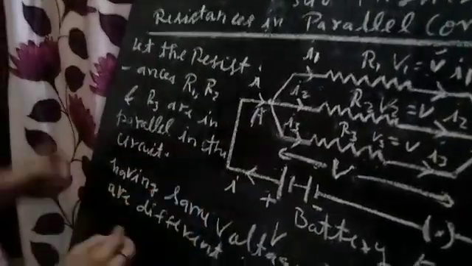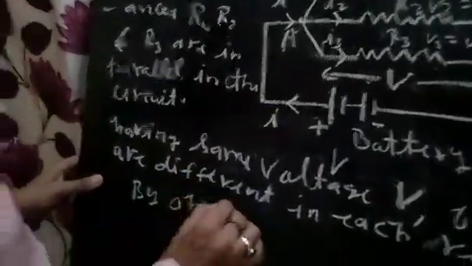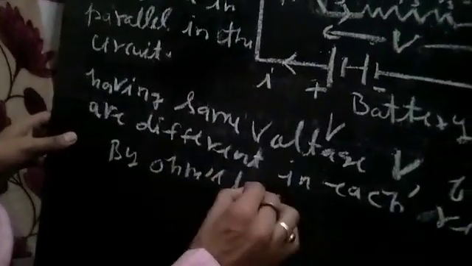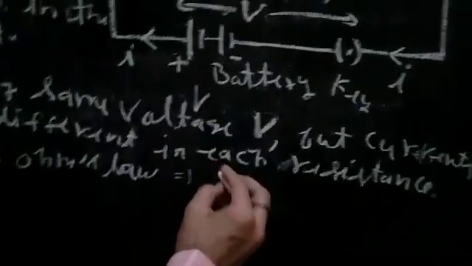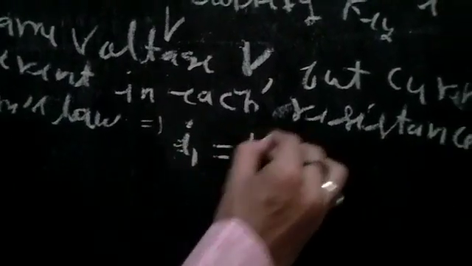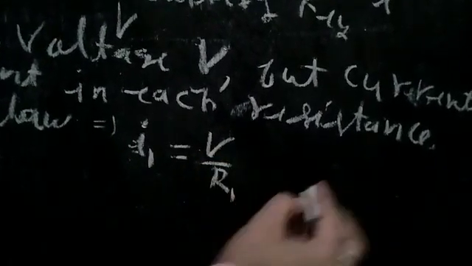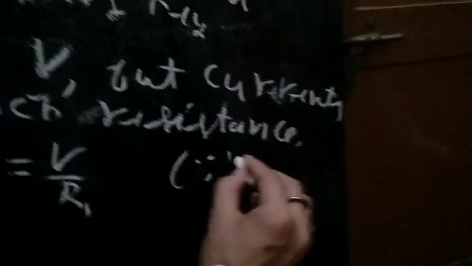Students, according to Ohm's law, I1 is equal to V upon R1. Because you know Ohm's law, V is equal to IR.